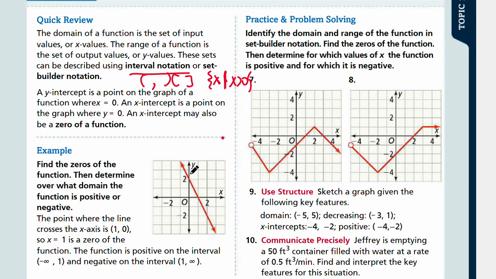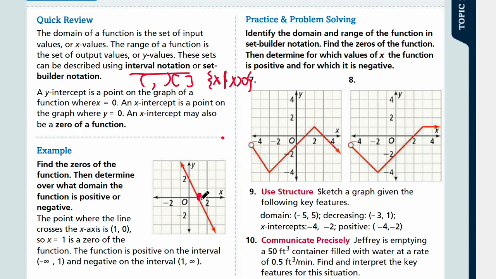Here we see a linear line and you see a negative slope because it's decreasing, right? So finding the zeros of a function is easy if you just look at the graph. You are going to identify the x-intercept. That is your 0 of a function because we're finding the value of x when y is equal to 0, right?